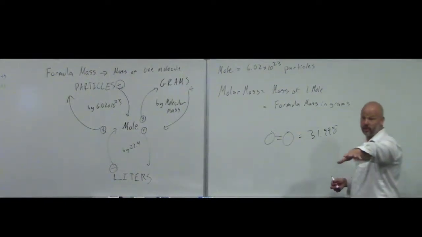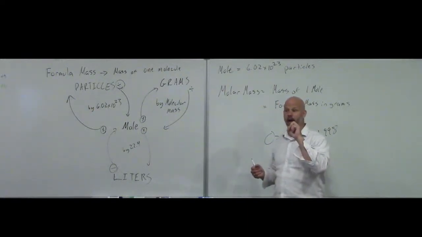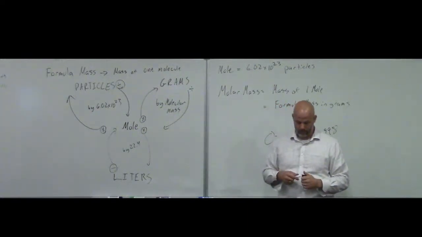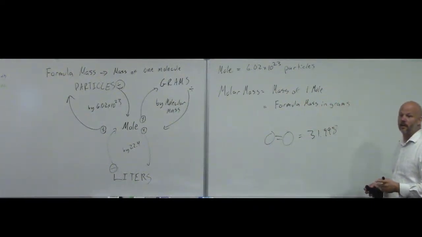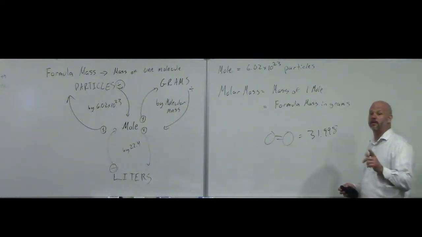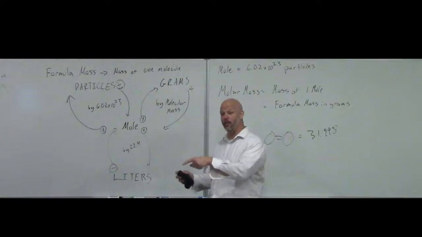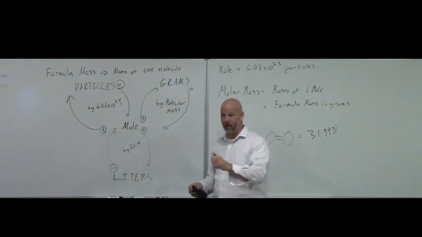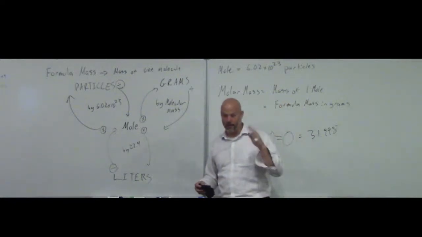For this one, you can all just look at your notes. I would like the molar mass of ammonia. 17.031 what? AMU. Not AMUs. That was the formula mass, or the formula weight. I want to know the molar mass.